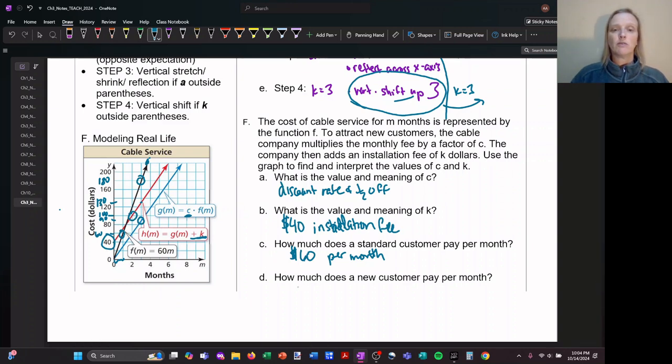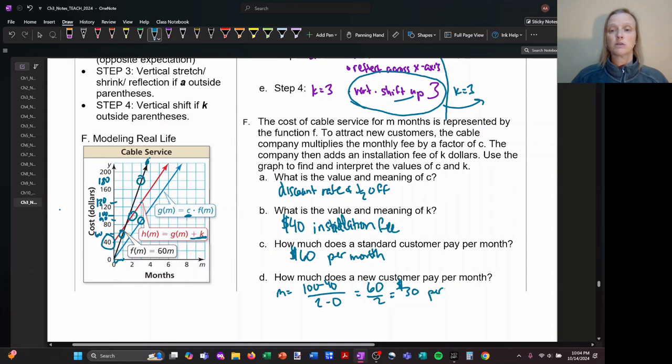So figuring out the slope is going to be 100 minus 40 over 2 minus 0. So we're talking about 60 divided by 2, which is $30 per month.